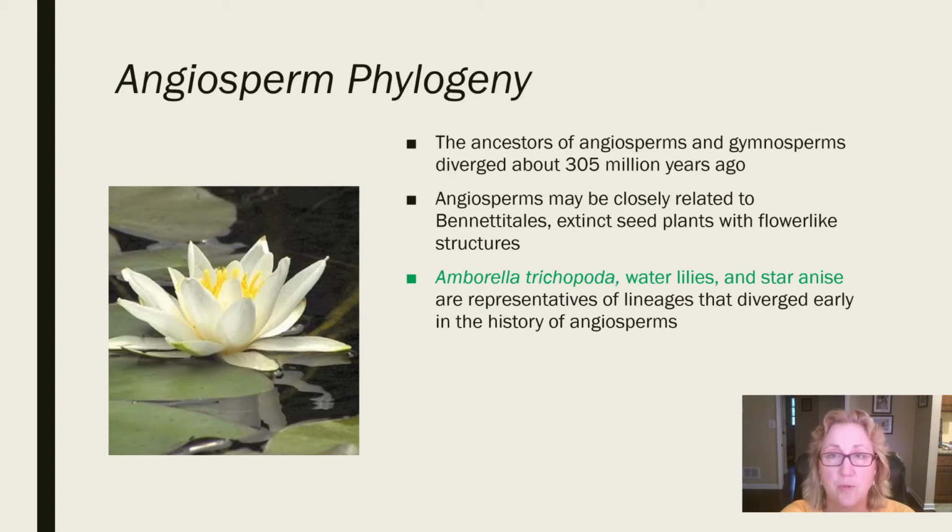And angiosperms really didn't start to dominate the landscape until partway through the age of the dinosaurs. We now consider this Amborella to be the most primitive angiosperm. It's just a single species that lives on this remote island called New Caledonia.